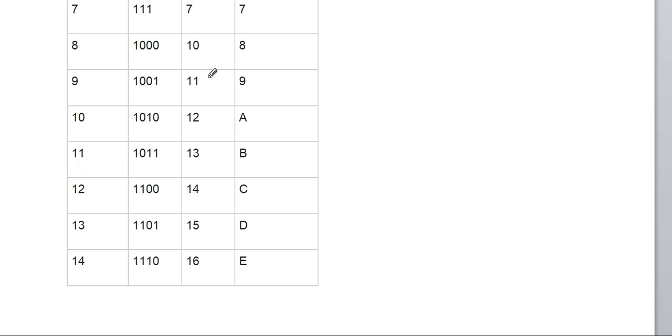In the octal number system it will be written in a different manner, because in the octal number system after 7 we start from 10. So 8 in the decimal number system is represented as 10 in the octal number system. 9 in the decimal number system will be represented as 11 in the octal number system.